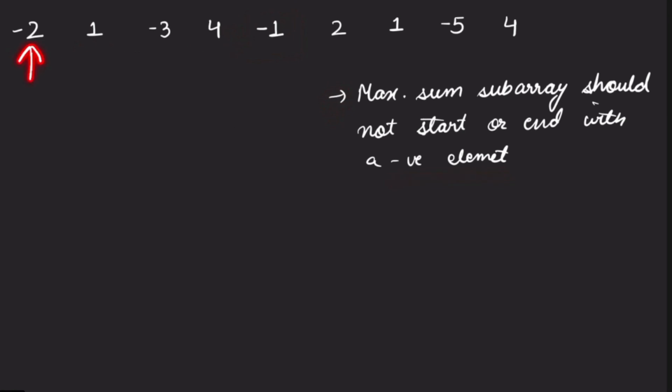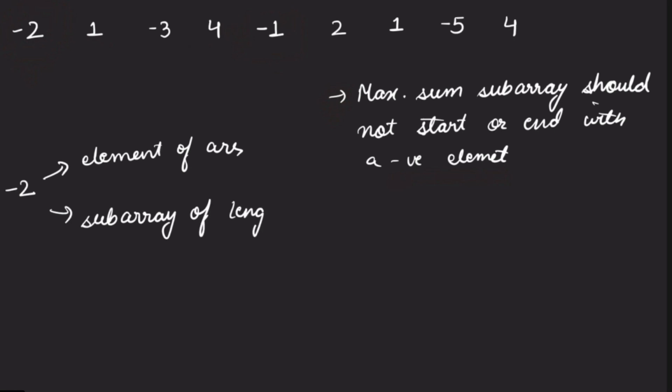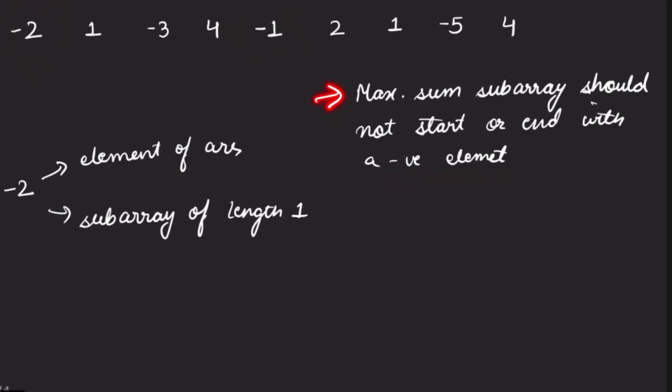So now let's focus on this first element of our array, which is minus 2. This minus 2 is an element of our array, and it is in itself a subarray of length 1, right? So here I said that the maximum sum subarray should not start or end with a negative element, and this negative element is a single element, which is also a subarray of length 1.